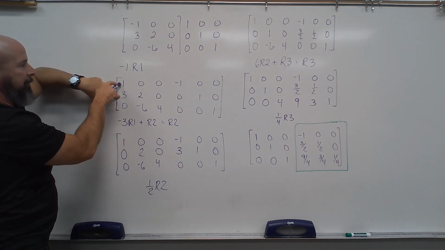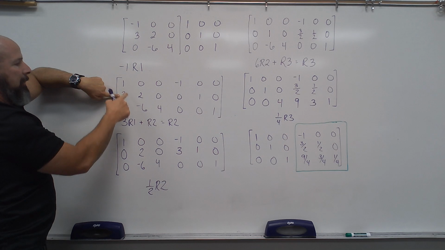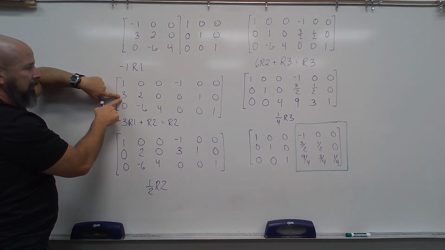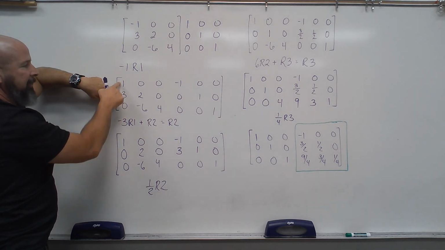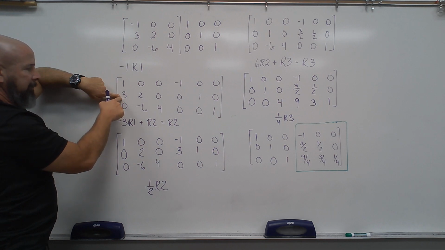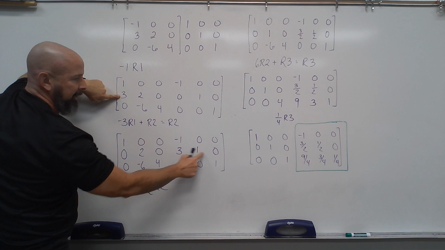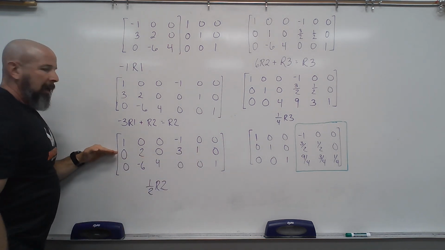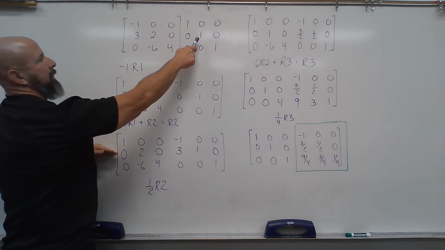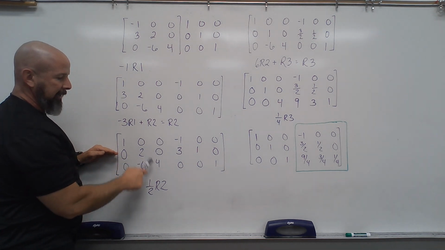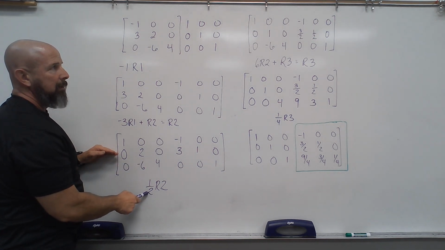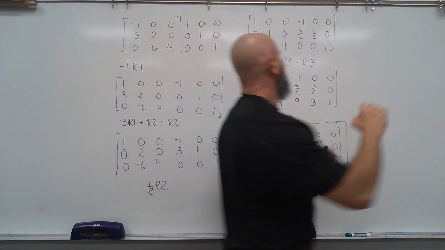Well, if I do -3 times row 1 plus row 2, that's going to create a 0. So I had -3 plus 3, 0. I completed that row operation. That gave me this. I'm close. I need a 1 there, that second spot. So I divided by 2. That got me to here.